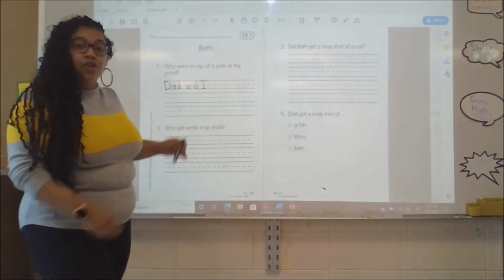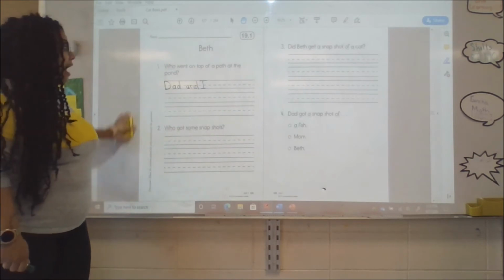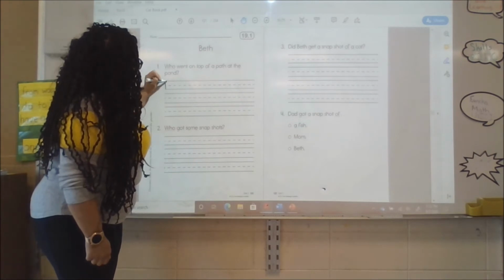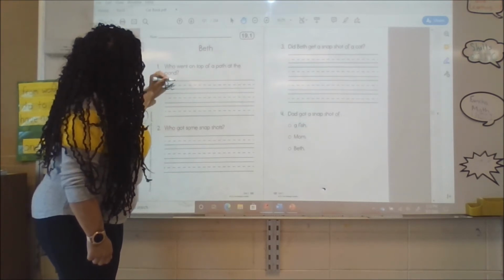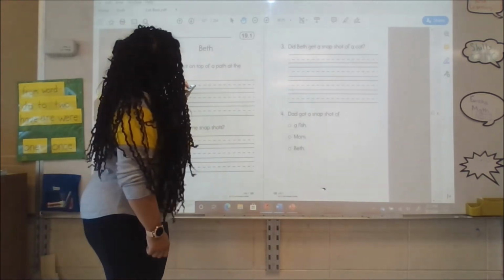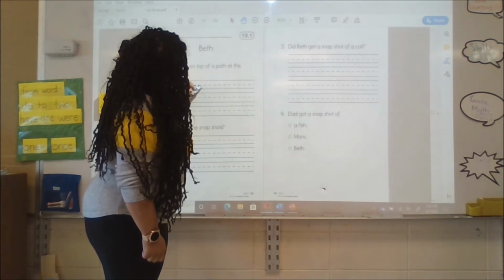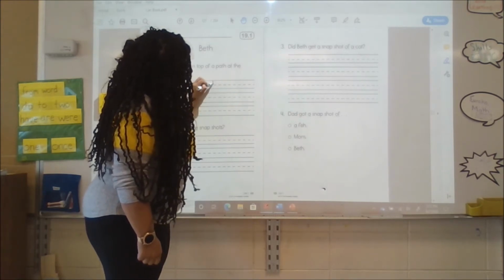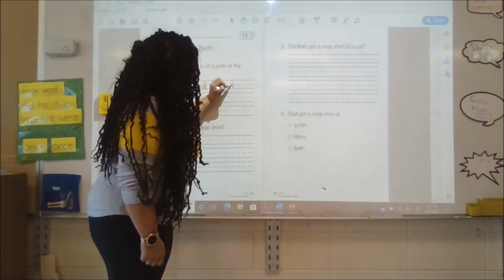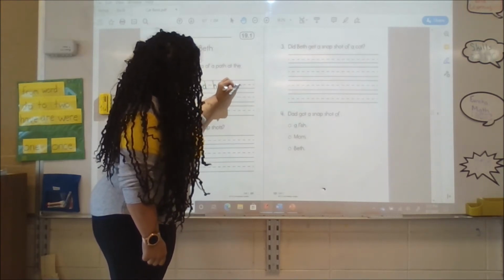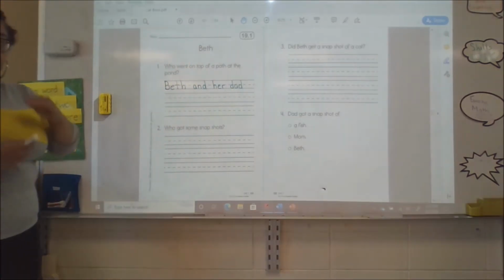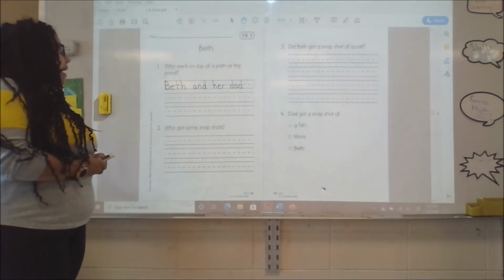So when I write an answer about it, it wouldn't be Dad and I. It would be Beth and her dad. That's who went to the top of the path at the pond.